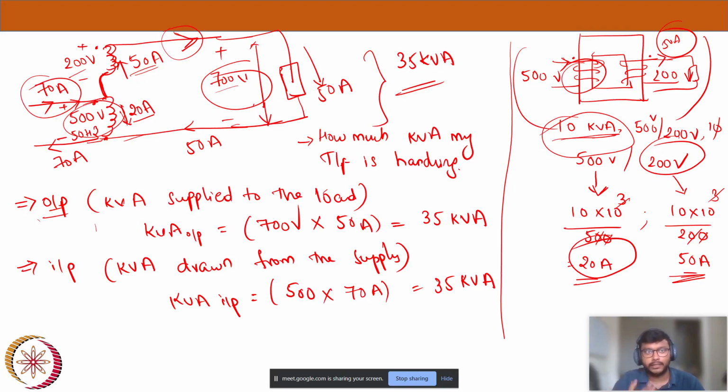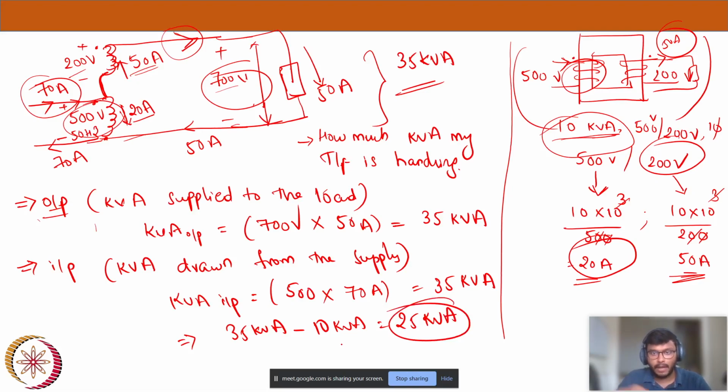I just connected these two in series and I have given my rated voltage supplies and I saw the output voltage. From where is this additional kVA? So let's see. 35 kVA minus 10 kVA, so 25 kVA I'm having extra. Where am I getting this 25 kVA from?